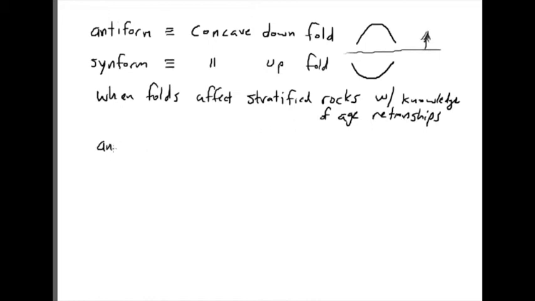Then we can talk about an anticline, which is a fold in which older rocks occur towards the core.